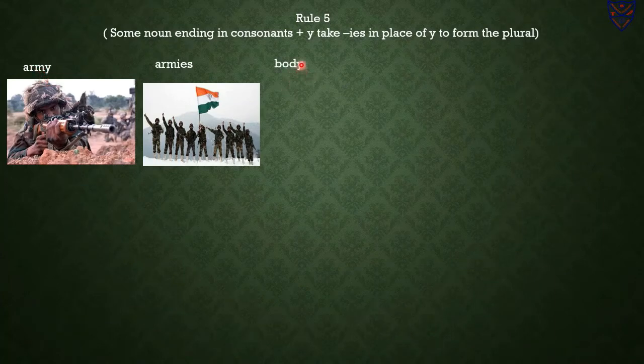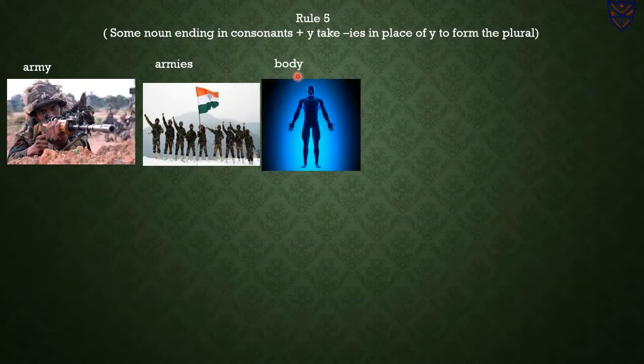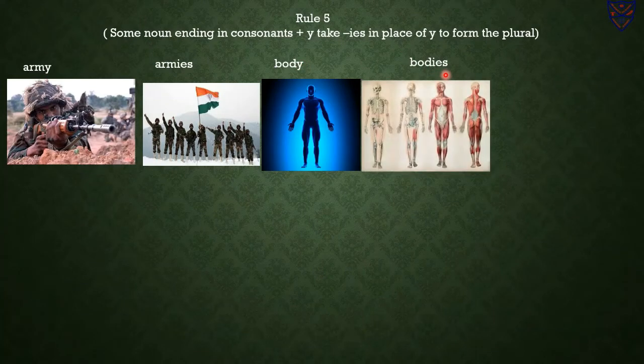Body. At last y is there, right? But before y, d. That one is a consonant. Right? So here to convert this body into plural, we have to cut y and we will write ies, bodies.